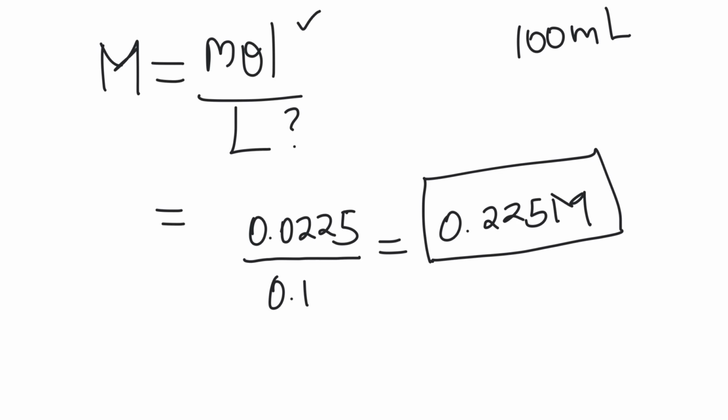Now, if you were to do some quick math, you will notice that the answer we got is a lot less compared to the original molarity. Does that make sense? Well, yes, it does, because two things happen. First of all, you used up some of your hydrochloric acid to react with sodium hydroxide. Second of all, your volume went up, right?